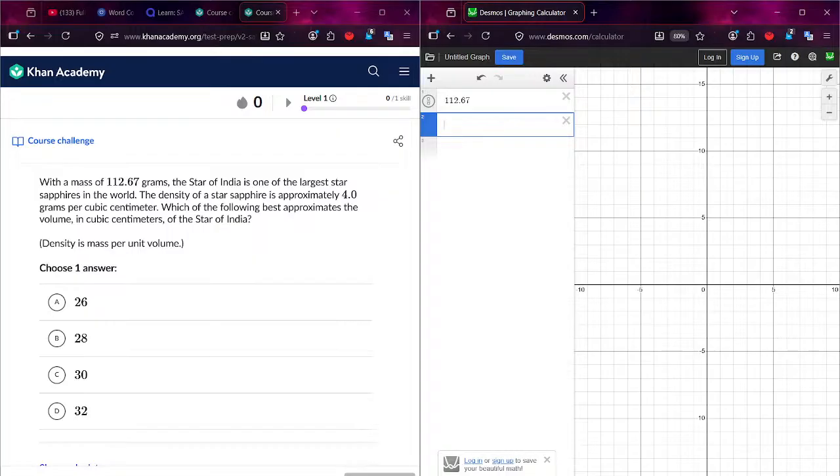Which of the following approximates the volume of Star of India? So if you have a mass and density is 4.0 grams per cubic centimeter, and this is in grams, so what's the volume?